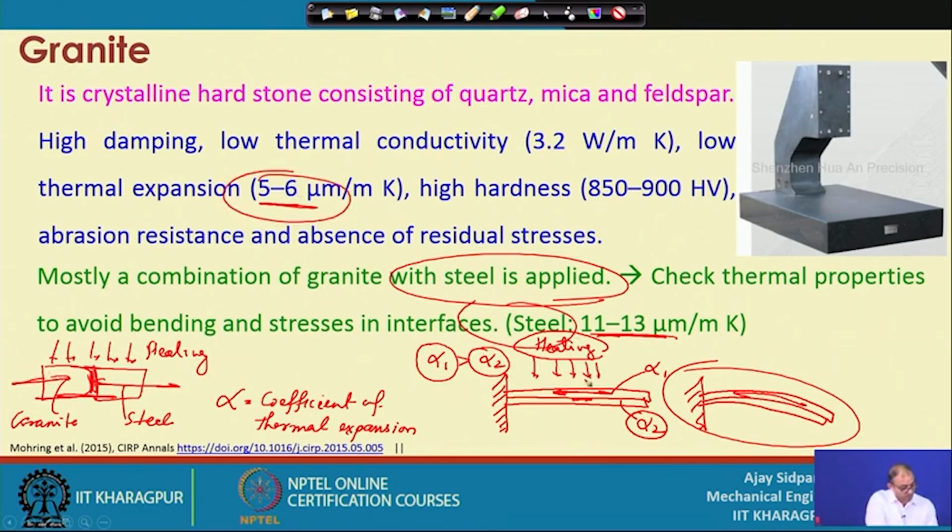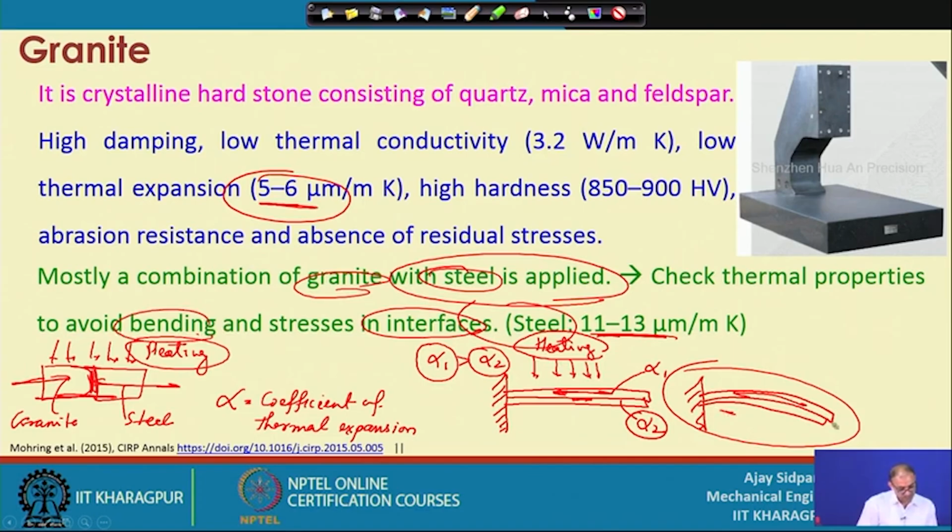So, when you are using a combination of granite and steel together, at that time you have to make sure that the temperature is not fluctuating very much within that particular system. Even a 1 degree or less than 1 degree change is enough to create some problem at the interface, or it will create a bending, because of this particular thing.